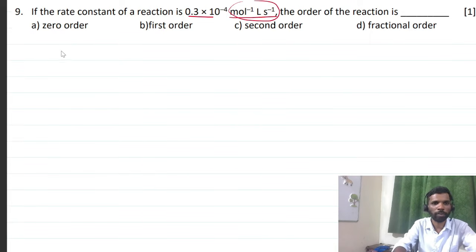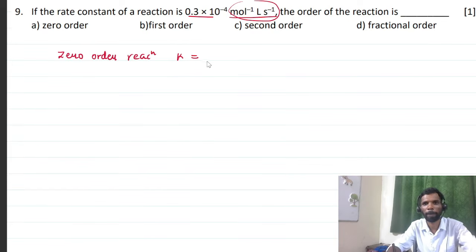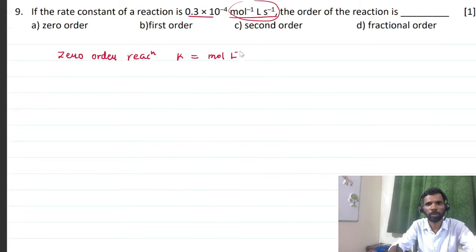We know that for a zero order reaction, units of K comes to be moles per liter per second.